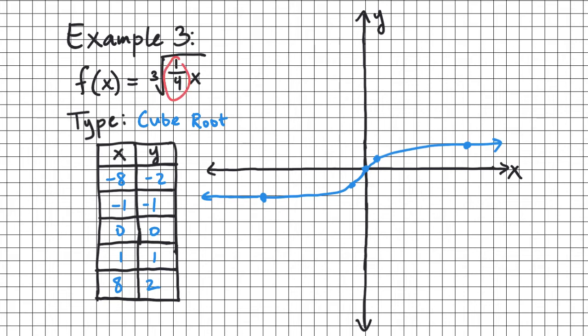Right, so we have 1/4 inside. So we have a horizontal dilation. And so we're going to multiply all the x values times the opposite of 1/4. Okay, the opposite of 1/4 is 4.